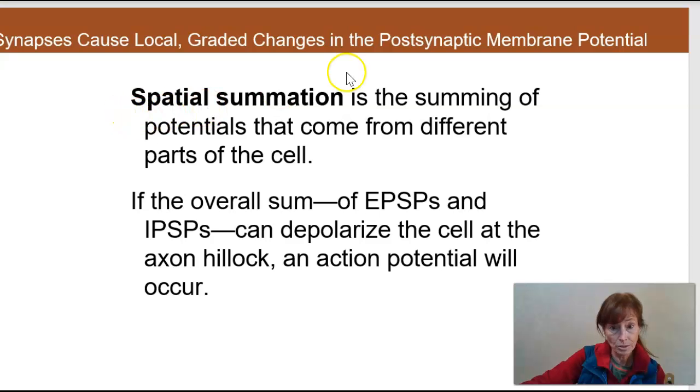So summation can occur in two different ways. One is spatial, which is basically summing up all of the potentials coming in from different parts of the cell. Some of these neurons can actually have synapses in places other than dendrites. So the axon hillock will do spatial summation, adding everything that's coming in at that particular moment from any part of the cell.